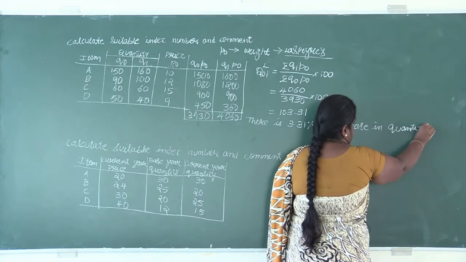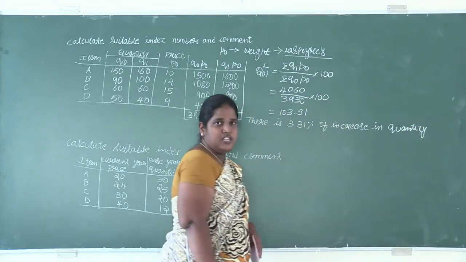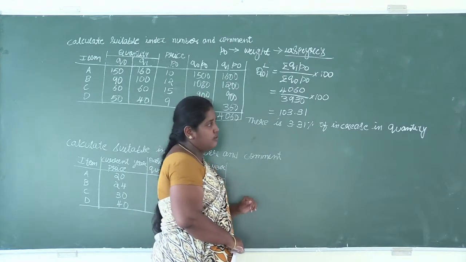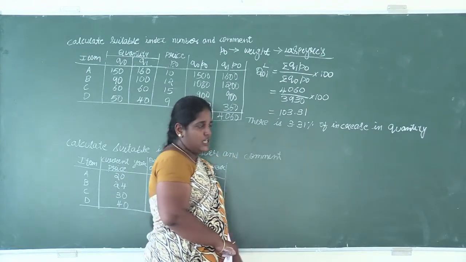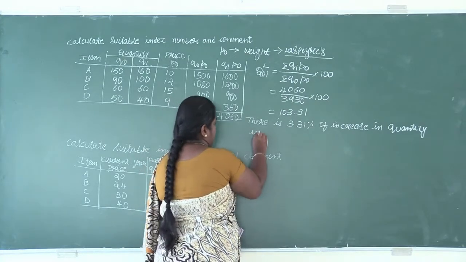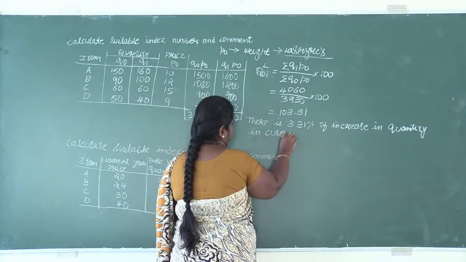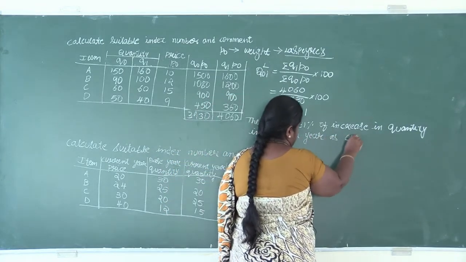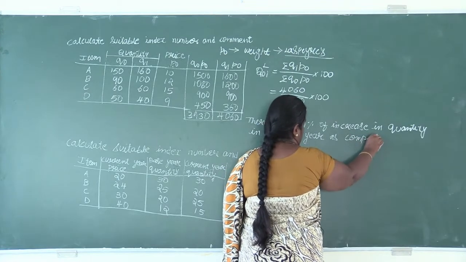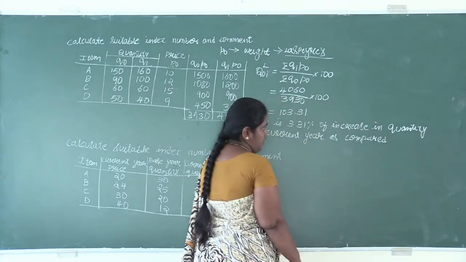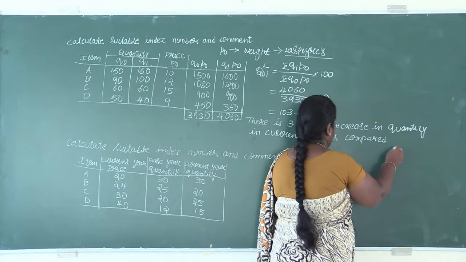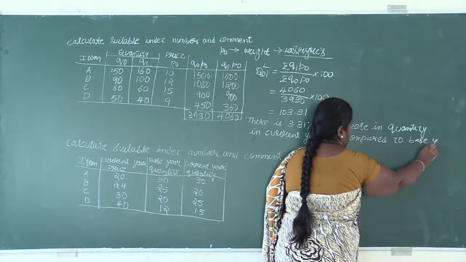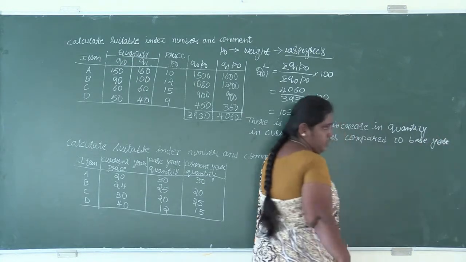In the price index problems, we were writing it as increase in price, and since we are doing the quantity index number here, we have to write increase in quantity in current year as compared to base year. So there is 3.31% of increase in quantity in current year as compared to base year. So this is regarding the conclusion.